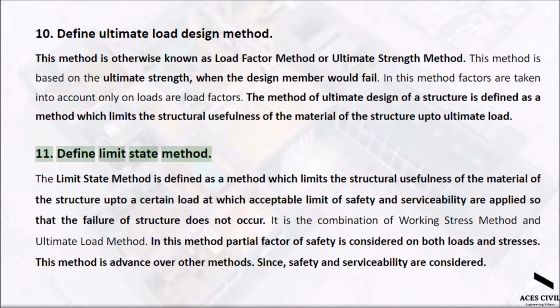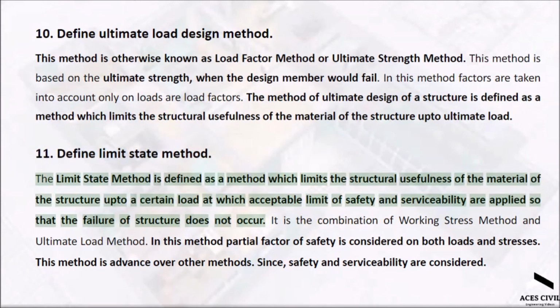Define limit state method. The limit state method is defined as a method which limits the structural usefulness of the material of the structure up to a certain load at which acceptable limit of safety and serviceability are applied so that the failure of structure does not occur.